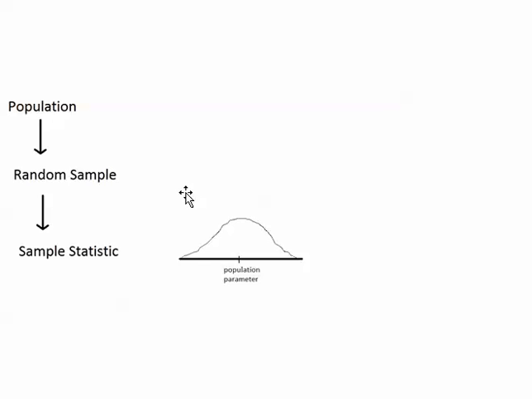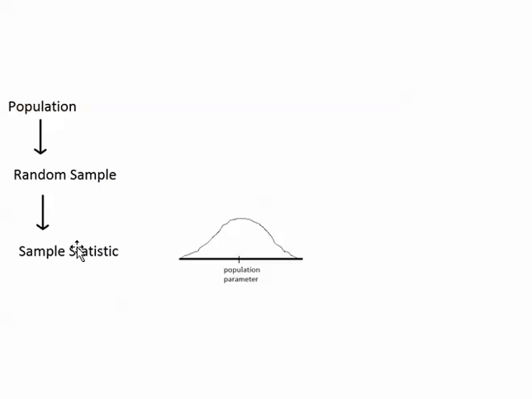The possible samples that could be selected have a distribution called the sampling distribution. And if the sample is large enough, then the sampling distribution has a normal distribution like this. The possible samples have a normal distribution.